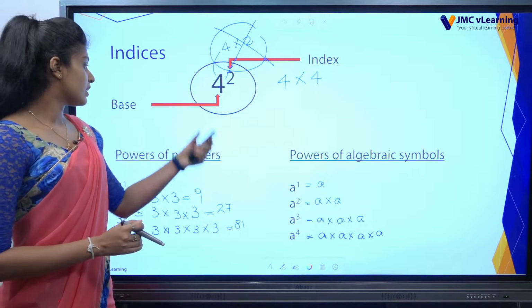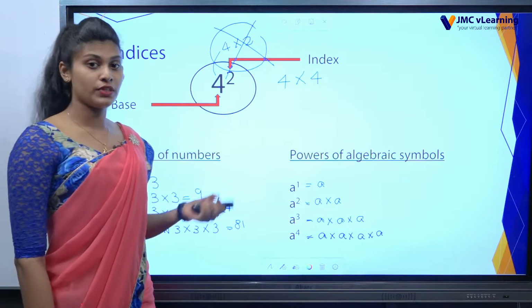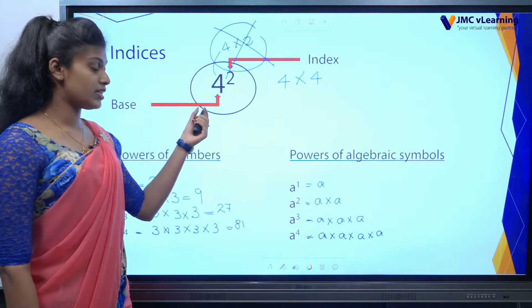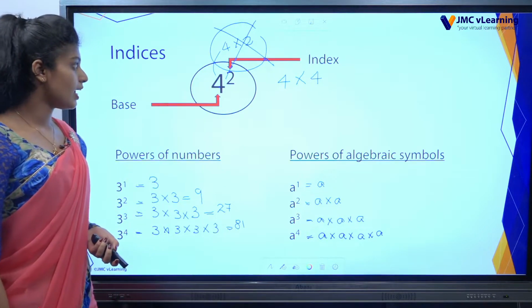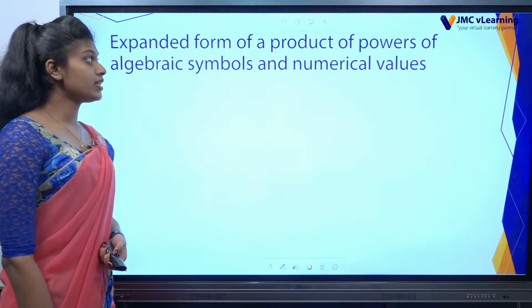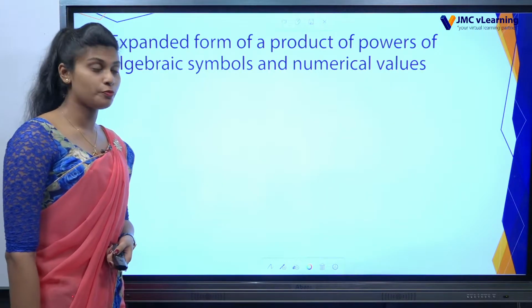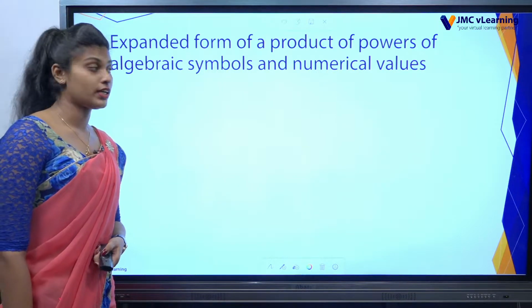That means this base you have to multiply the number of times of the index. The meaning is 4 you should multiply 2 times. That is the indices.